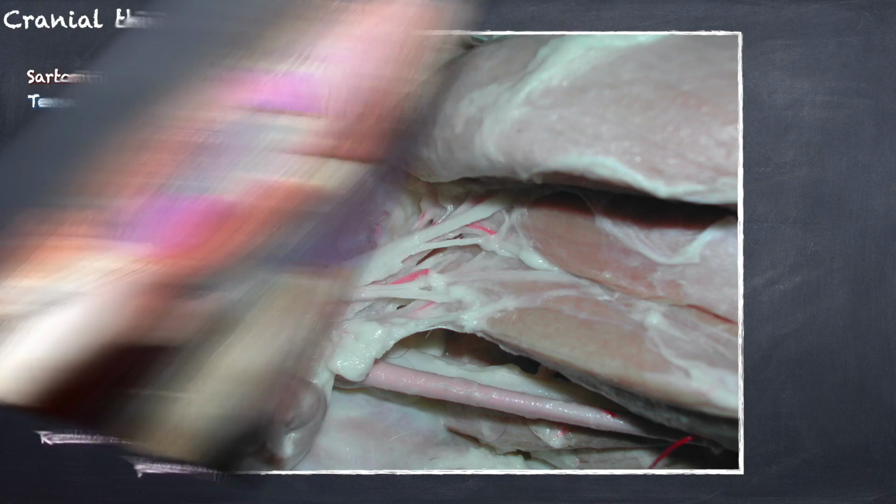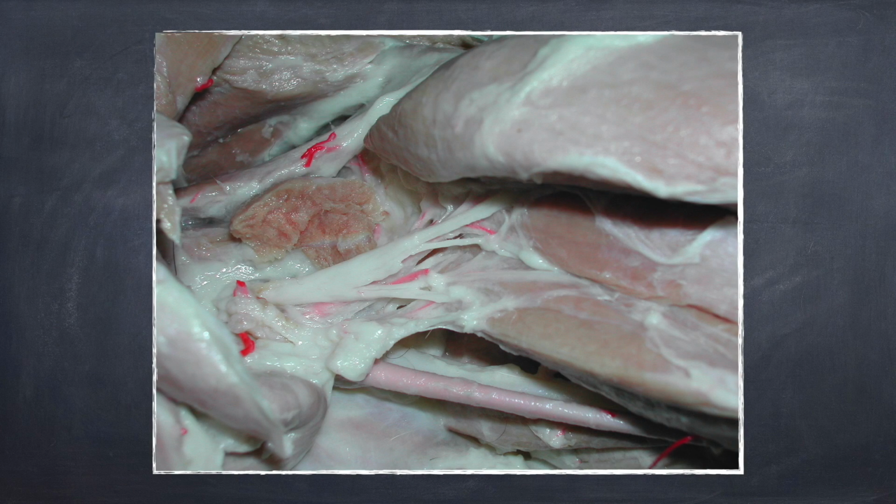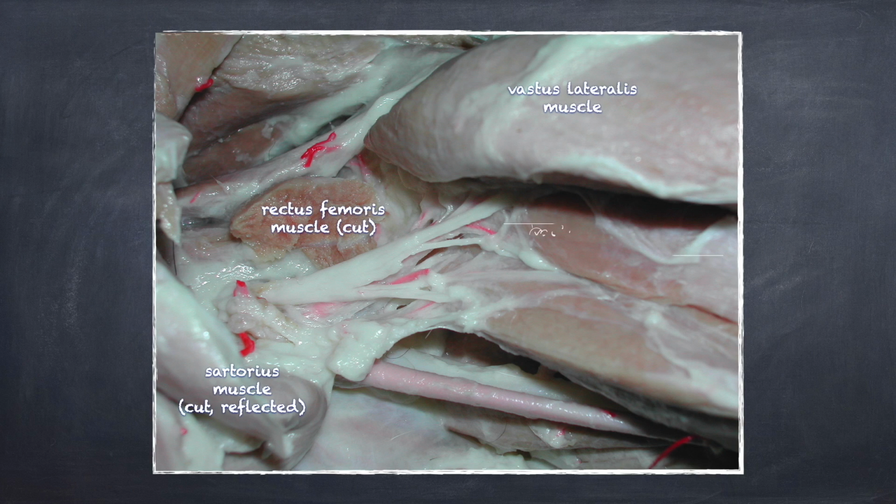Okay, so up cranial and proximal, we see there's the sartorius muscle cut and reflected. We've cut the rectus femoris muscle here. We see our vastus lateralis, vastus intermedius, and our vastus medialis. And we see this nerve going into it.